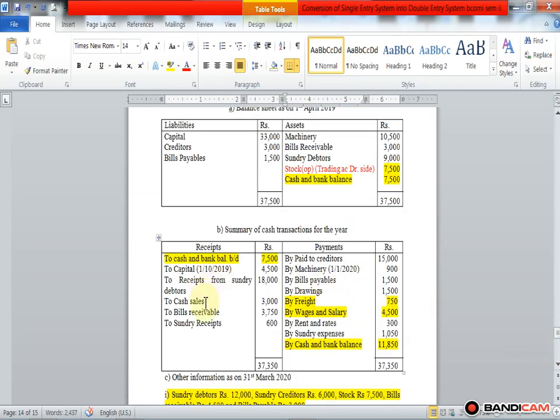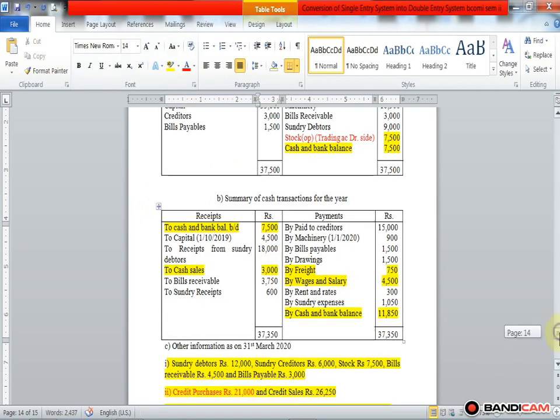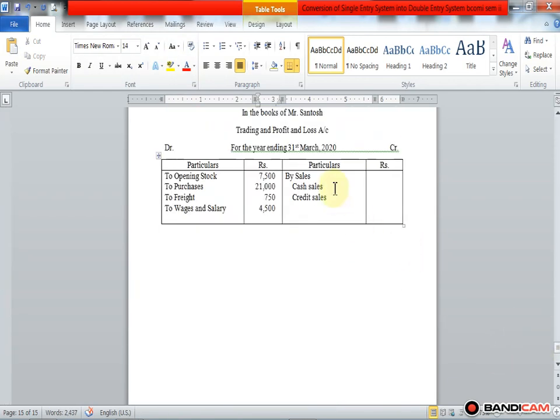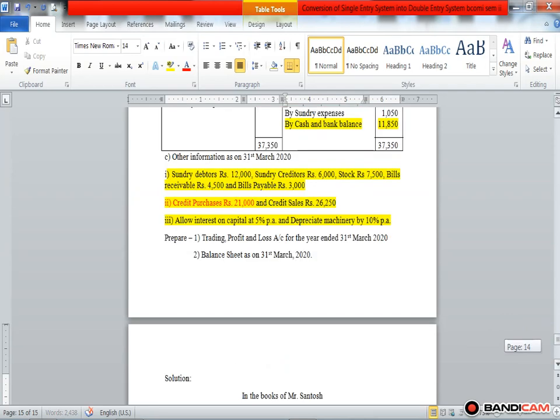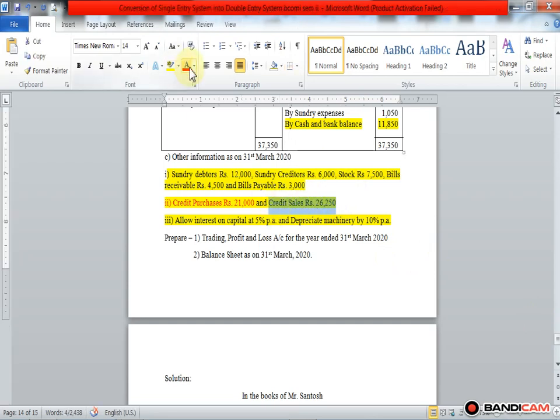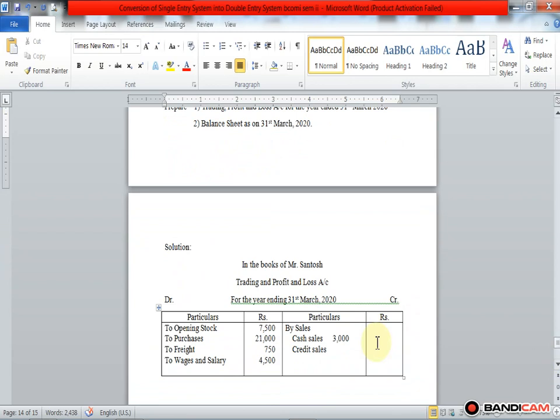Cash sales is rupees 3000, so write cash sales in the inner column, amounted to rupees 3000, and credit sales is given to you in adjustments. Credit sales is rupees 26,250.